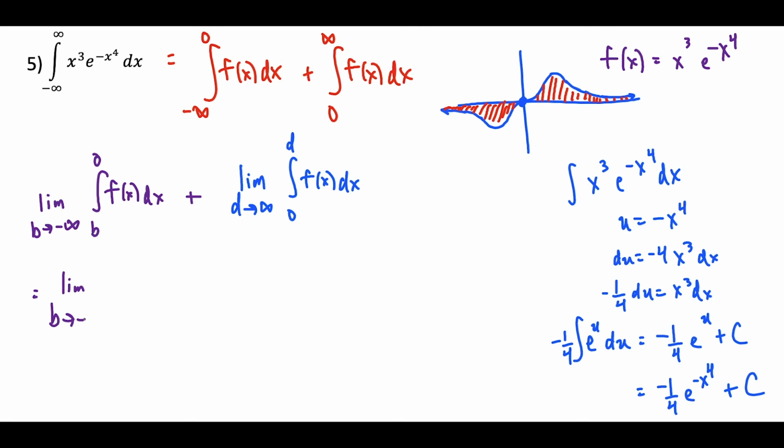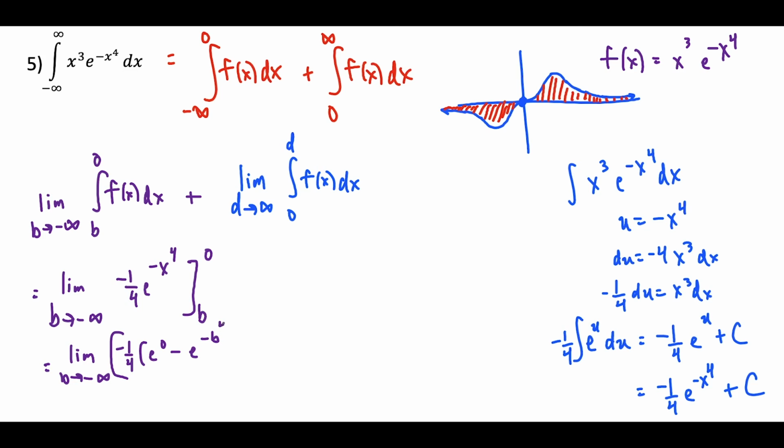The limit as b goes to negative infinity, and the antiderivative of f of x was negative 1/4 e to the negative x to the fourth power. And our limits are going from b to 0. If we take care of this first, using the fundamental theorem of calculus, we've got negative 1/4 times e to the 0 minus e to the negative b to the fourth.